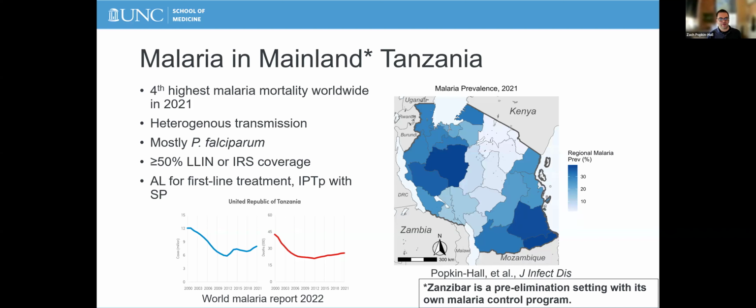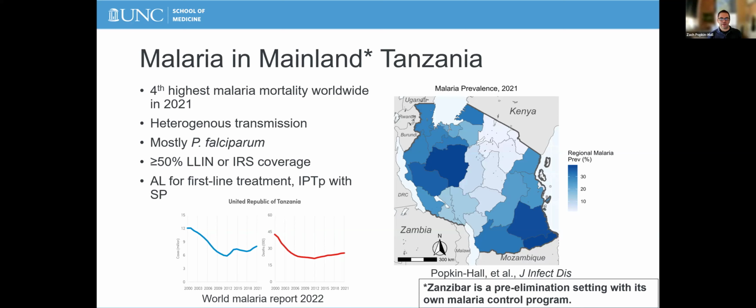And in terms of control and treatment at the moment, Tanzania is estimated to have greater than 50% coverage with long-lasting insecticide-treated nets or indoor residual spraying for mosquito control. And then in terms of medication, the first-line treatment is artemether-lumefantrine, and then there is some IPTp with sulfadoxine and pyrimethamine.